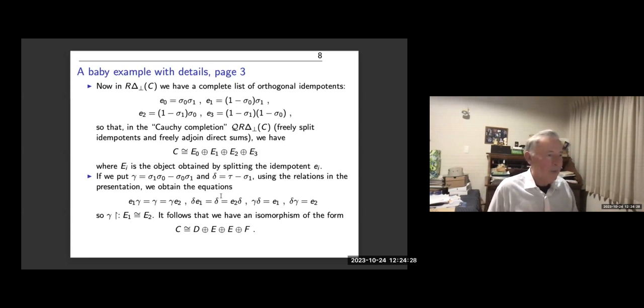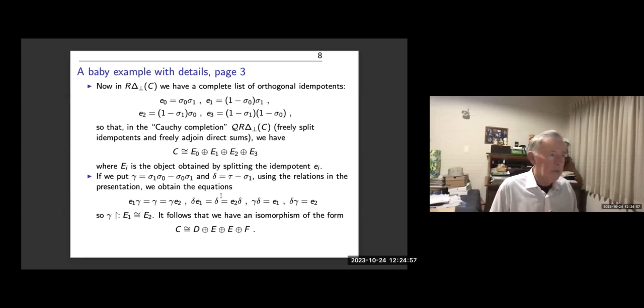And now I want to not only split idempotents, but also adjoin direct sums, because that doesn't affect the representations, because splitting idempotents is preserved by all functors, and direct sums are preserved by additive functors.